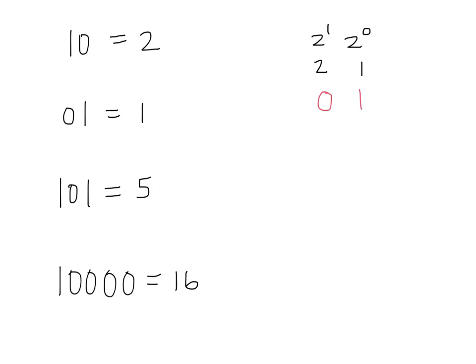So when we have a 0, 1 as our binary number, this time we need 1 of this, so 1, 1, and no 2s. So really this 0 in the front doesn't make a difference for us. We could actually ignore it and just write a 1 if we were writing the binary number. So that means, since we have no 2s and 1, 1, our number should be 1.